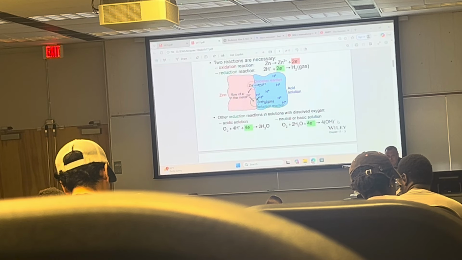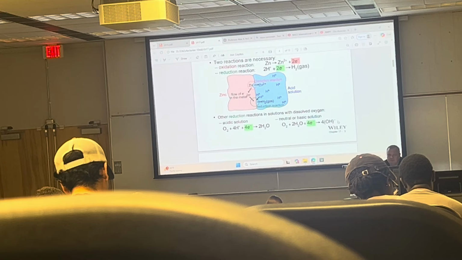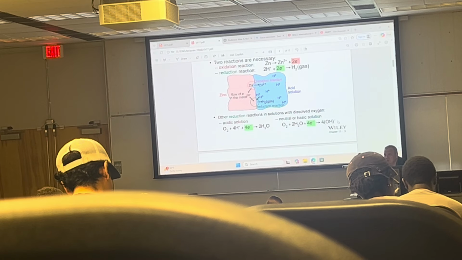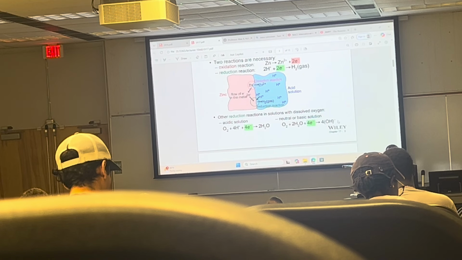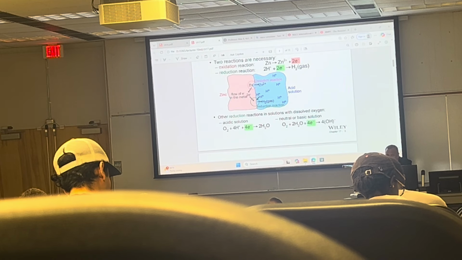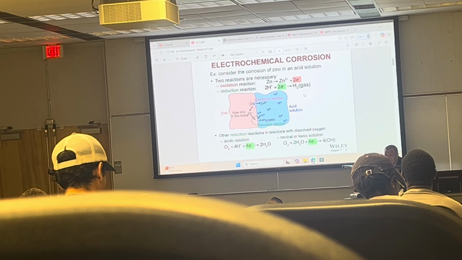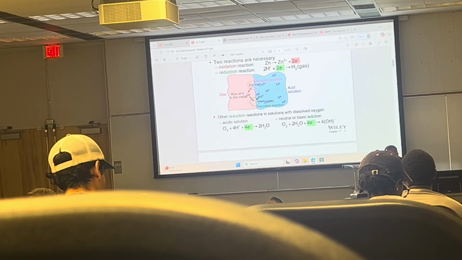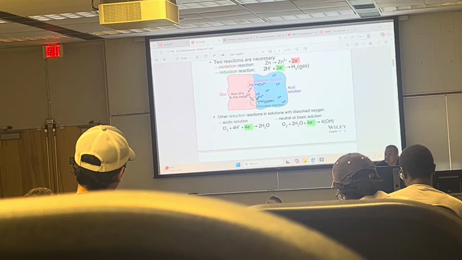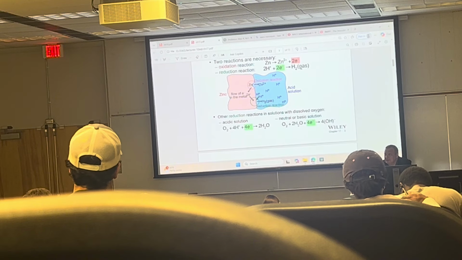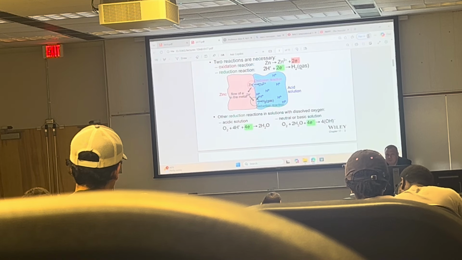So you realize that the solution can be either acidic, or basic, or neutral. At the end of the day, it doesn't matter, we're screwed, because there are oxidation and reduction reactions happening all the time. And besides the material deteriorating and leaving, the other problem is hydrogen. And what's the problem with hydrogen?